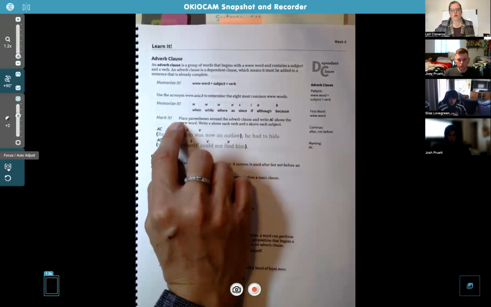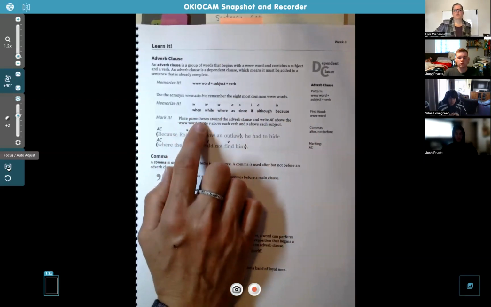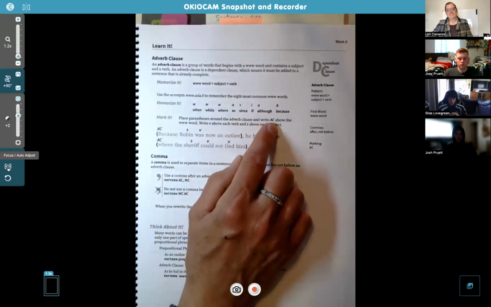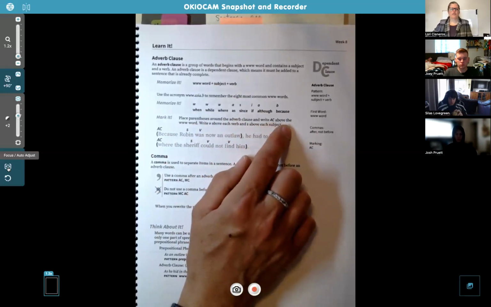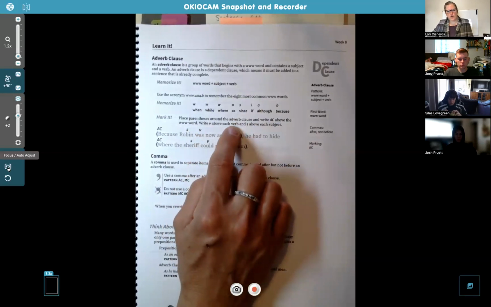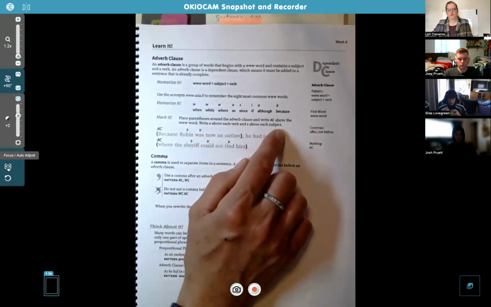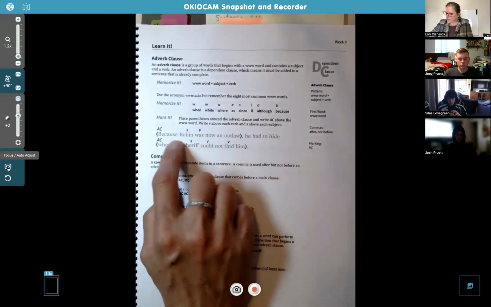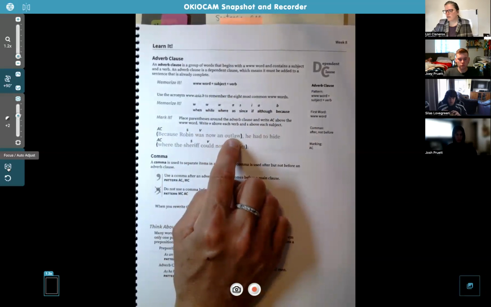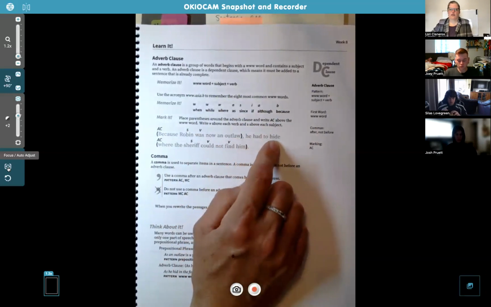Okay, and then it says mark it: place parentheses around the adverb clause, and write AC for adverb clause above the WWW word. Write V above each verb and S above each subject. Here's your example. Because Robin was now an outlaw, he had to hide.